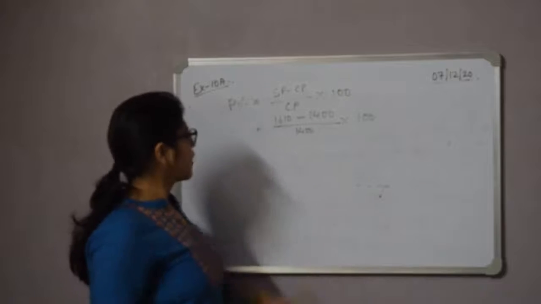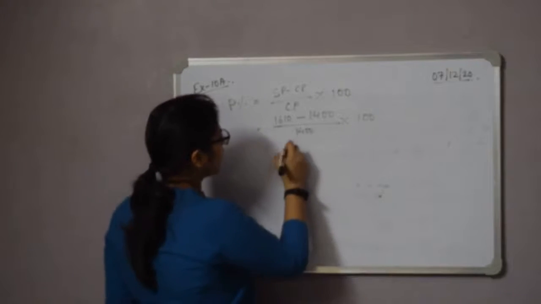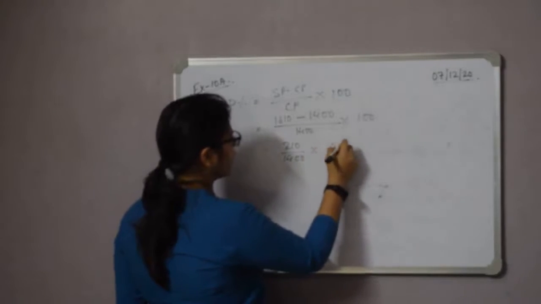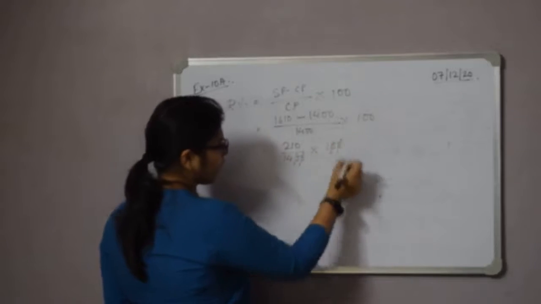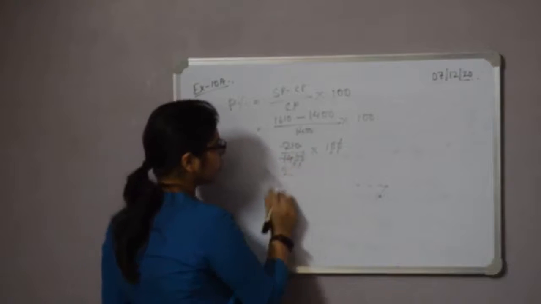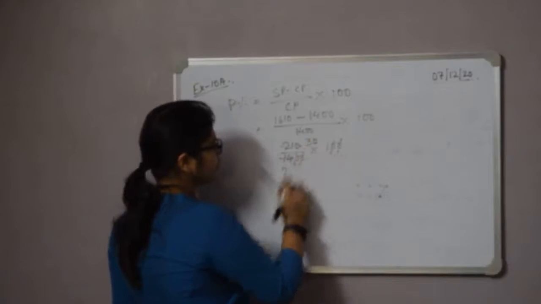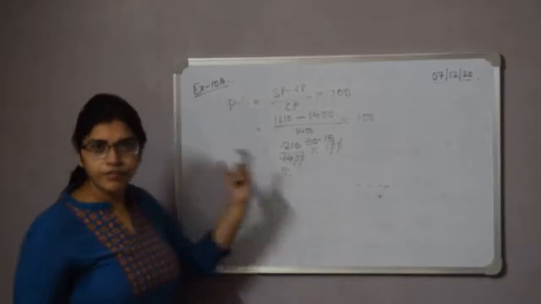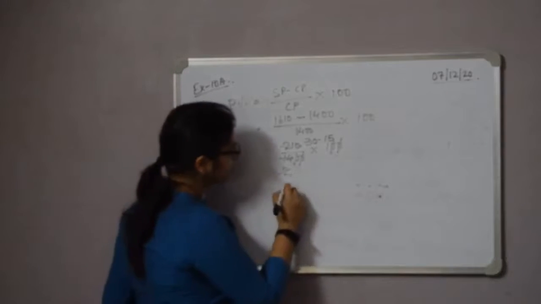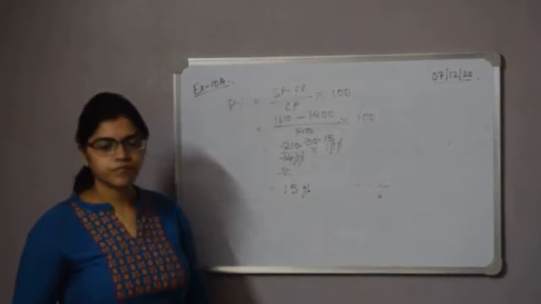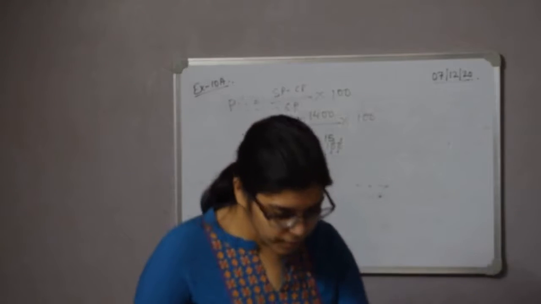So if we subtract, that gives us 210 by 1400 into 100. So 2 zeros and 2 zeros cancel. Then with 7 we can cancel both of them. 7 2 14, 7 3 21, 7 0 0. Then again with 2 we can cancel it and it becomes 15. So profit percent is how much? It is 15%. So that is our sum number 7.